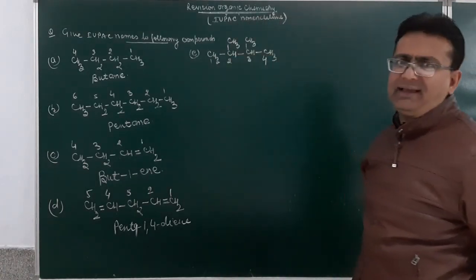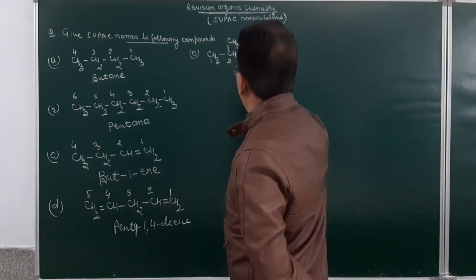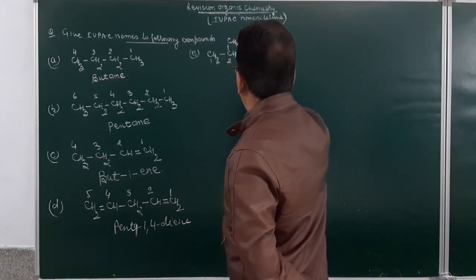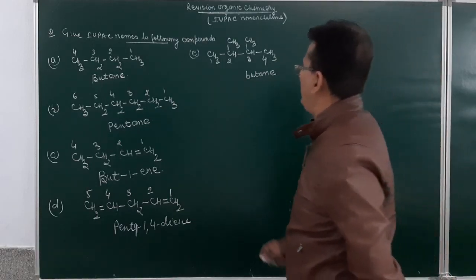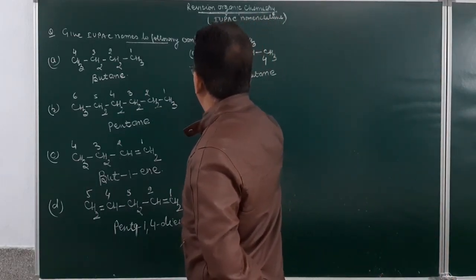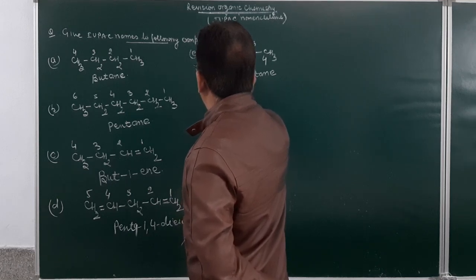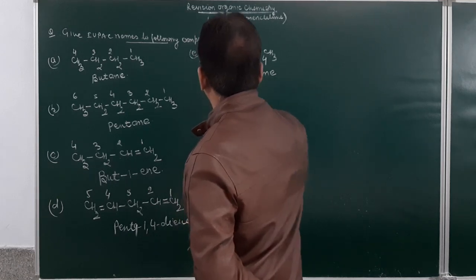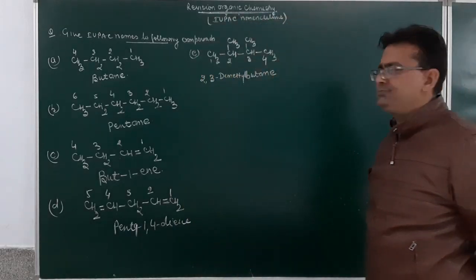The alkyl group will be treated as a substituent. For 4 carbon atoms, what is the root word? It will be but, and then ane. At numbers 2 and 3, what is present? Methyl group. How many times does it occur? Twice. So this will be 2,3-dimethyl, and butane will be the name given to this compound. Am I clear?